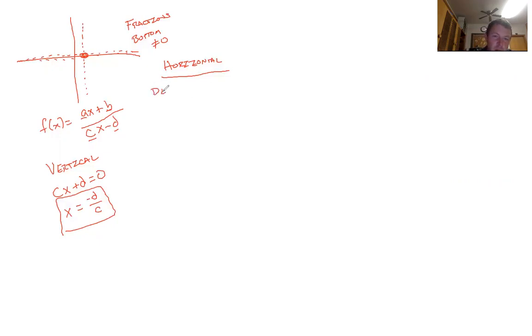If the degree is bigger on the bottom, it's automatically y equals 0. Always. So option 1, bigger on the bottom: always y equals 0. Option 2, bigger on top.